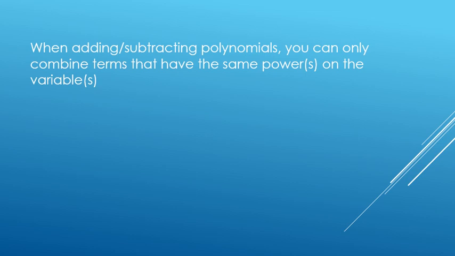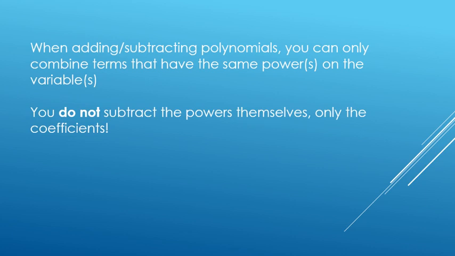But for the most part, if it's just a polynomial in just one variable, only when the powers on x are the same can you add or subtract the terms. And it's very, very important, you do not subtract the powers themselves, you only subtract the coefficients. You only subtract the numbers in front of those terms with x raised to the same power.